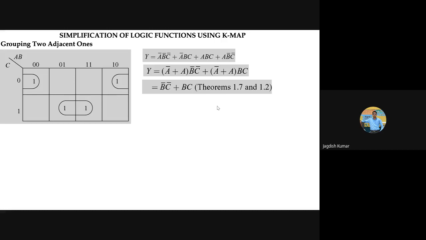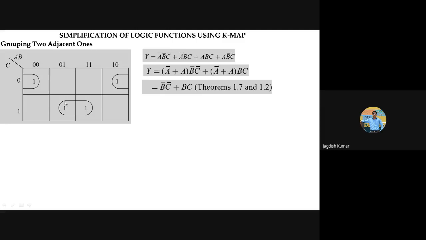Very simple. So this is the thing we are doing by applying Boolean algebra. Now again the question remains the same: why did we make these pairs? So now let us pay attention to this pair. What does this pair do?